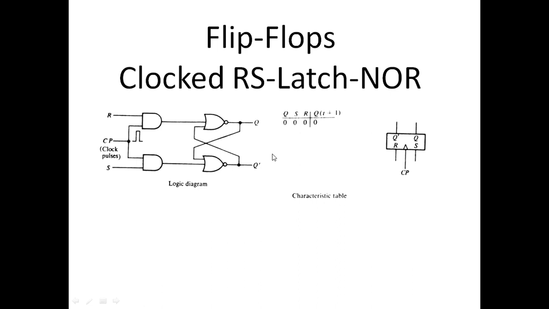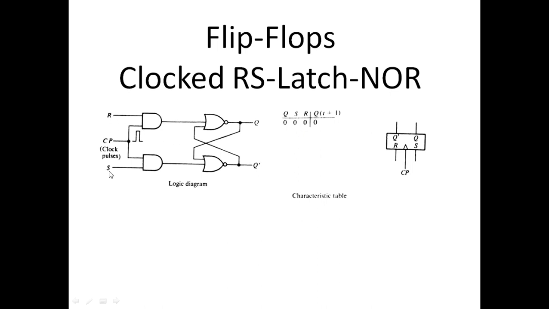Now, to see the outputs for all possible input combinations, we have 3 inputs: the current state of the flip-flop, and 2 inputs, S and R. We are interested in finding the next state of the flip-flop, which is Q, t plus 1. So if Q is the current state, the next state is represented with Q, t plus 1. For the first, we provide 0, 0 here.